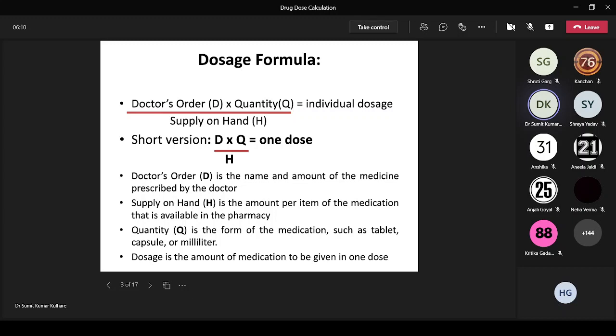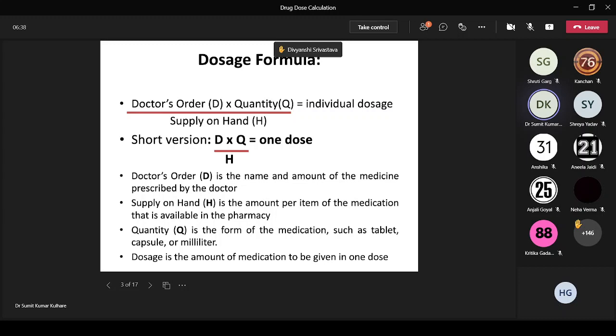What does D stand for? Doctor's order. Doctor's order is actually the name and amount of the medicine that is prescribed by the doctor. So suppose the doctor prescribes a tablet paracetamol 500 milligrams. So this 500 milligrams will be the D, that is doctor's order. Then comes H, that is supply on hand.